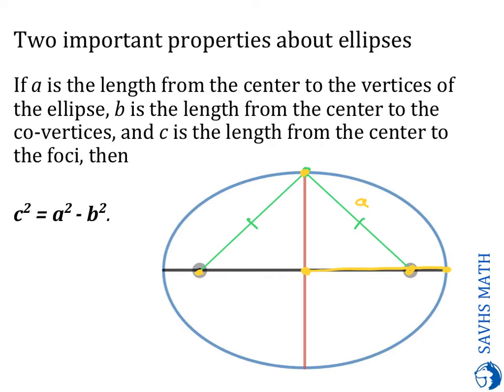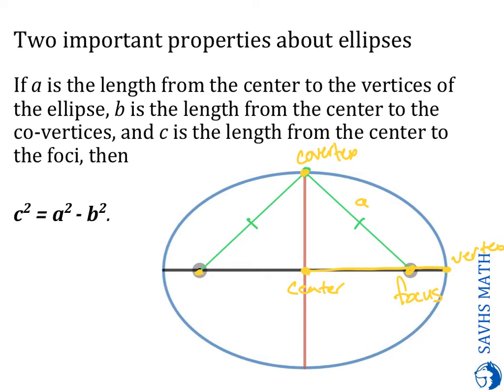And so now we know that the distance from the co-vertex to the focus is the same as the distance from the center to the vertex. And that's important because then we can use a right triangle to solve for the dimensions of the ellipse.